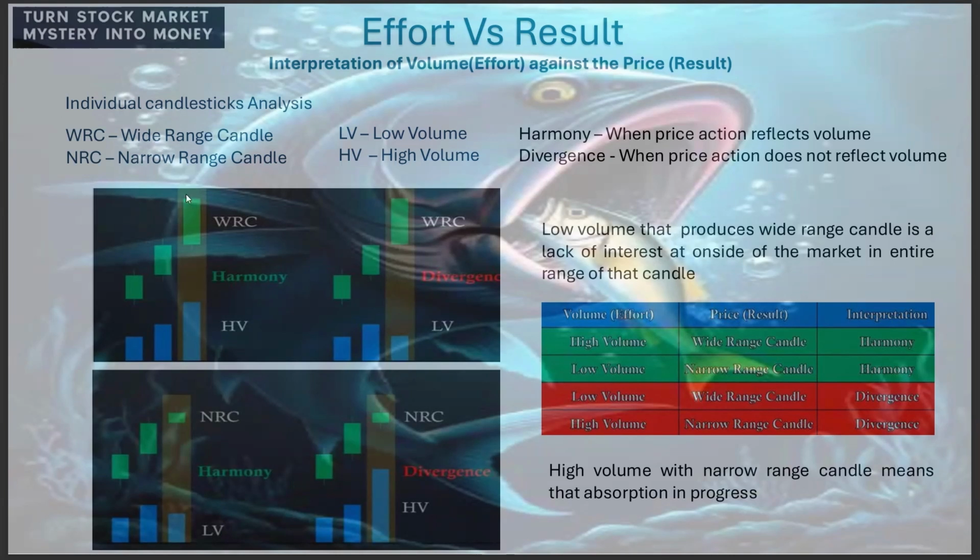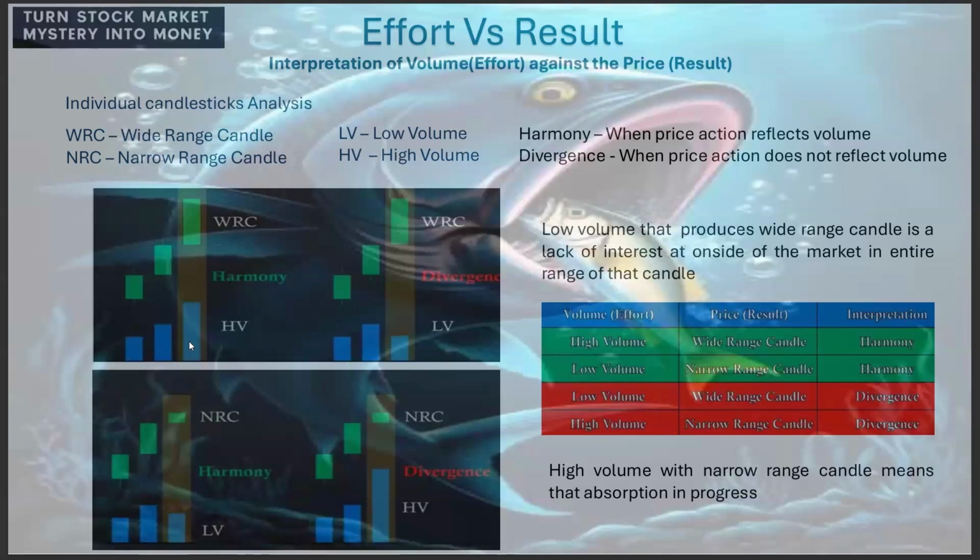The wide range candle is a candle which is a long bar. That means the price opened here, say it started at $2 and closed at $10, within a scale of 10. 2 to 10 is a wide price swing.